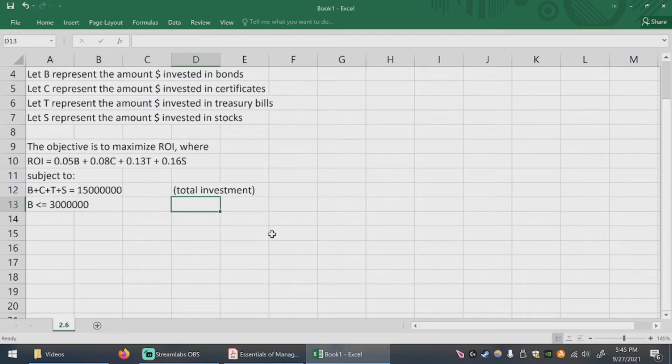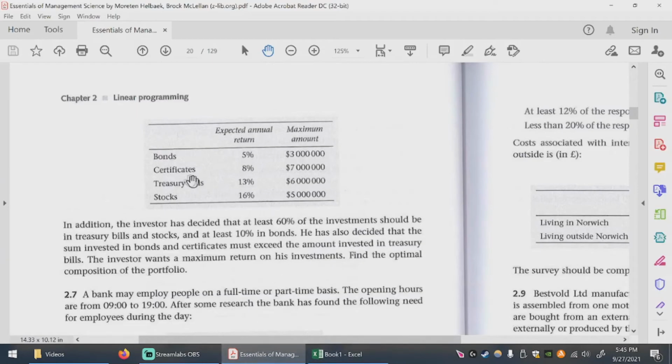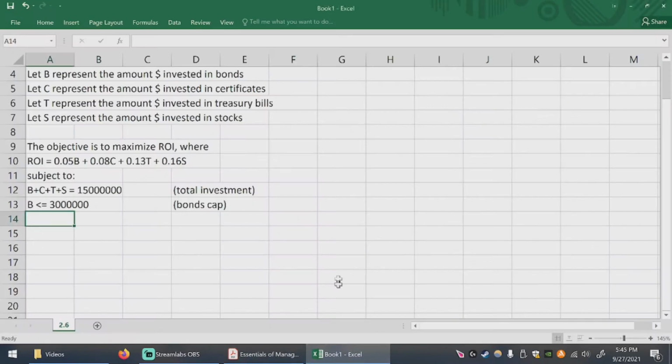So let's say here, bonds cap. Each one has a cap. Certificates need to not exceed 7 million. The amount invested in certificates is less than or equal to 7 million. That constraint is the certificate cap.